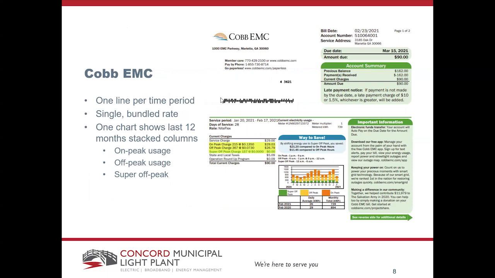It's so simple as to be useless for someone to take action on. You still walk away with the same sense of time of use, which is avoid on peak and use off peak. But there's no real feedback on your actions in this bill.